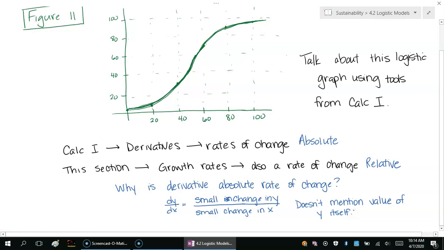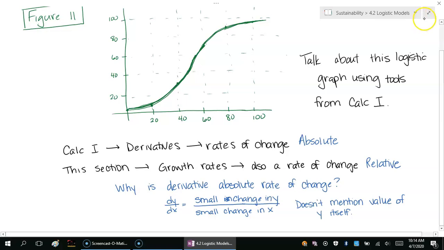So it doesn't matter if I'm talking about a small y value or a big y value. What I really care about is the slope at that point, not the y value. So thinking in terms of this graph, if I shift this graph up and make all of my y values bigger, that doesn't change my derivative. And that's a signal that this is an absolute rather than a relative rate of change.